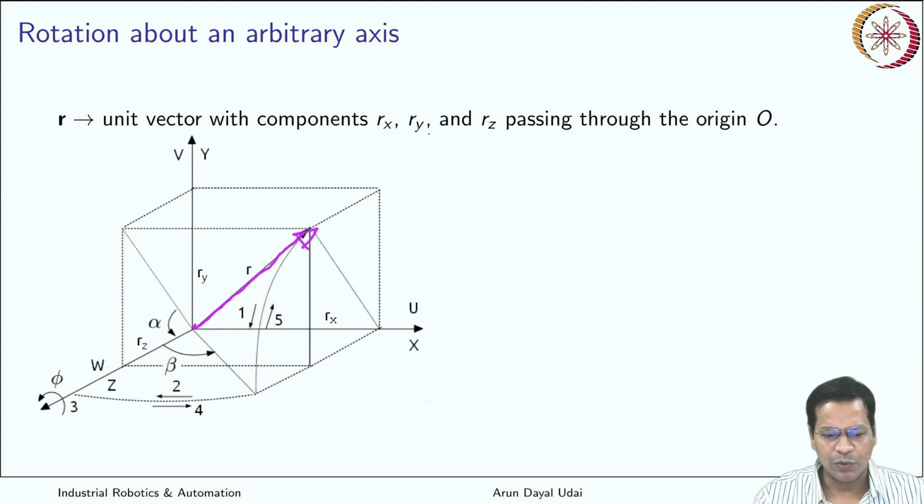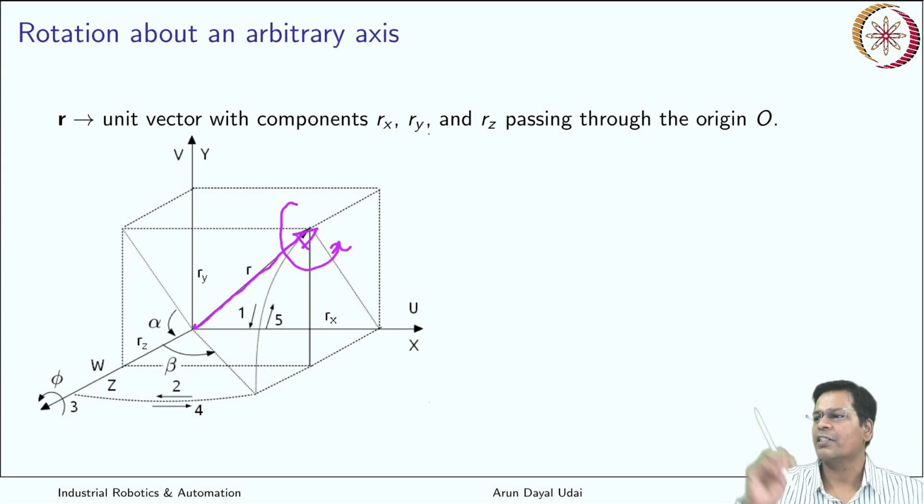I want to do a finite rotation about an axis which is lying in space. It is not aligned with x, not aligned with y, not aligned with z. Can I do that rotation?